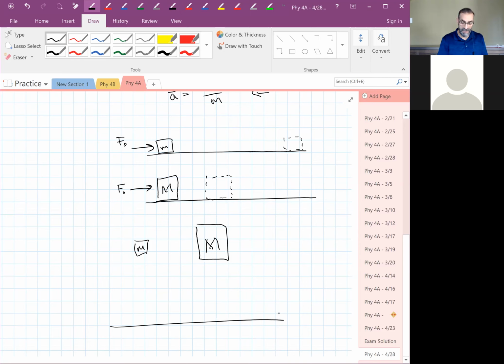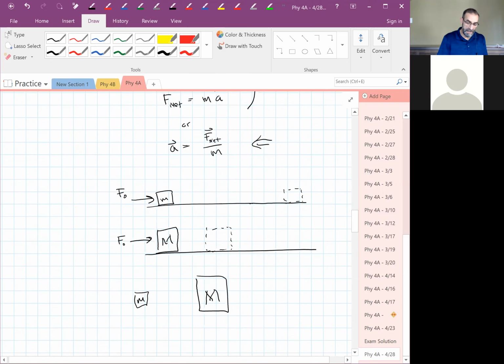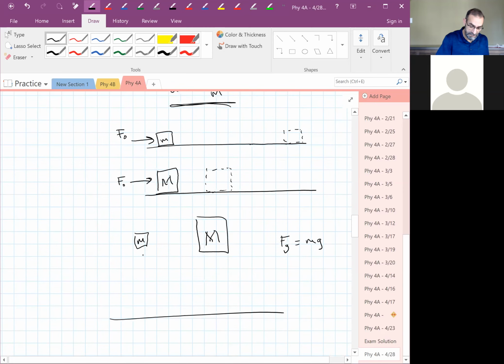The light one or the heavy one? Well, they're both going to hit the ground at the same time. But one person might look at this equation and say, wait a minute, the bigger the object, the bigger the force of gravity acting on that object, right? What is the force of gravity equal to? It equals mg. So this one has a big force acting on it. This one has a little force acting on it, right?